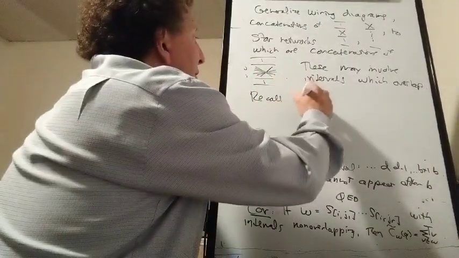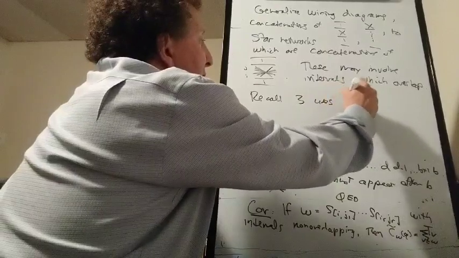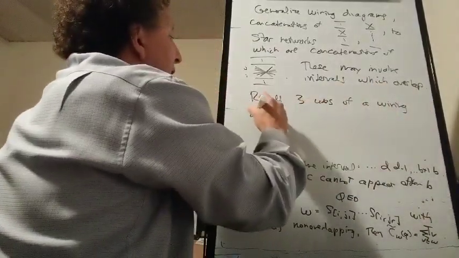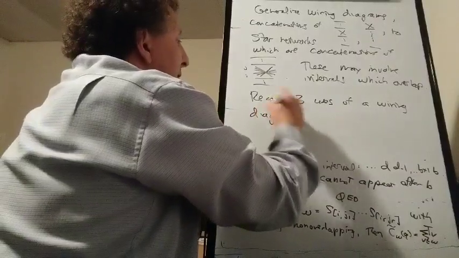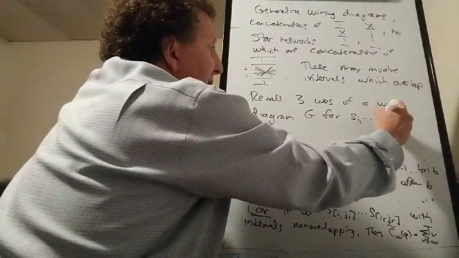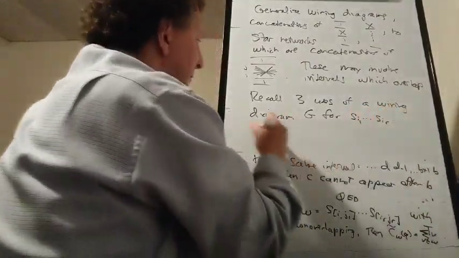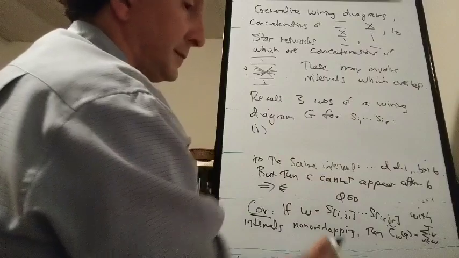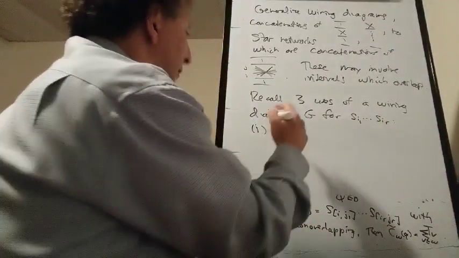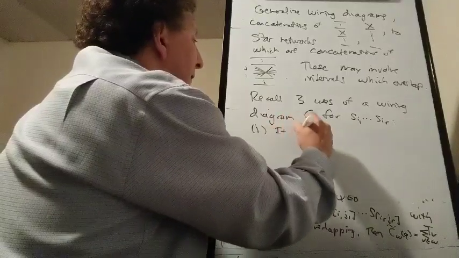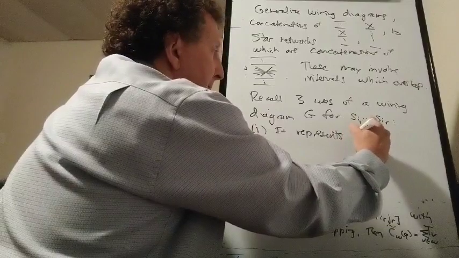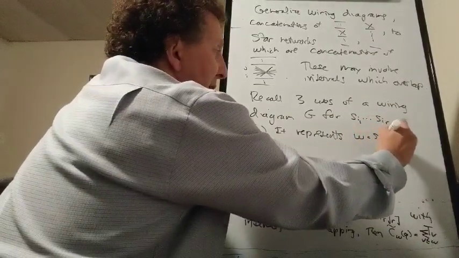So let's recall 3 uses of a wiring diagram G for an expression S sub I1 through S sub IR. So first of all, it represents the permutation, which is just the product of those.